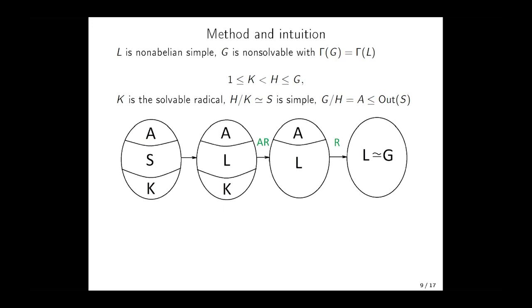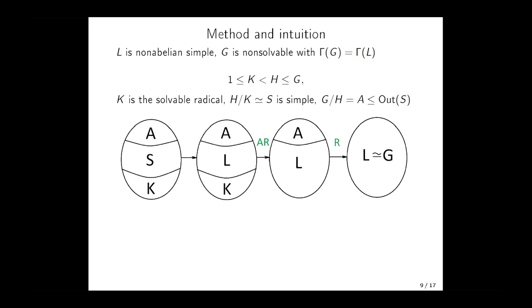If you are able to prove these two steps, then you immediately get the almost recognizability of a group. So I put AR over the second arrow, because in this case our group G lies between L and its automorphism group. So it's L or some automorphisms of L.